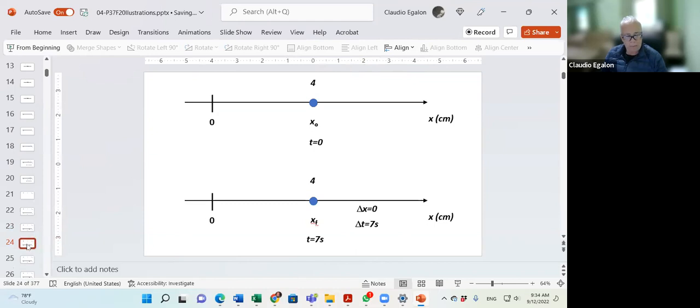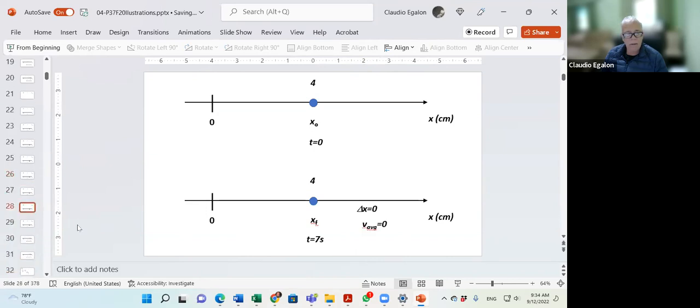And then we calculate the average velocity. The step-by-step approach, right in here. Let's play the movie.